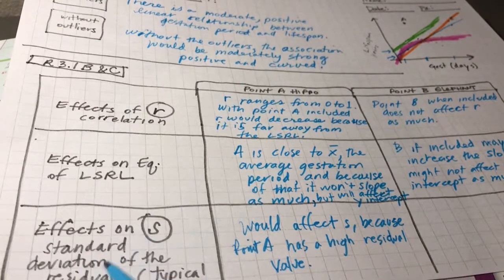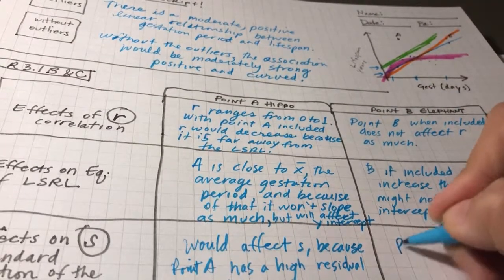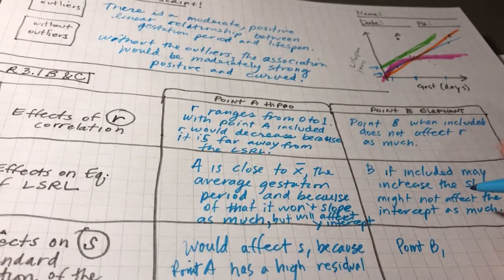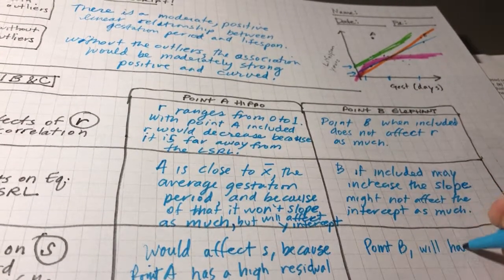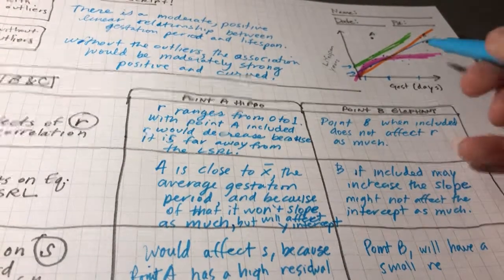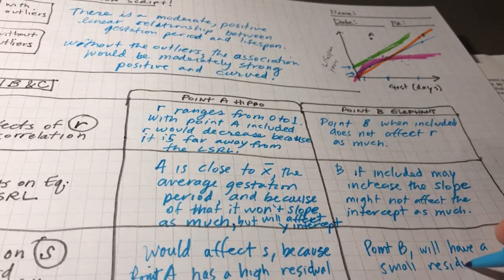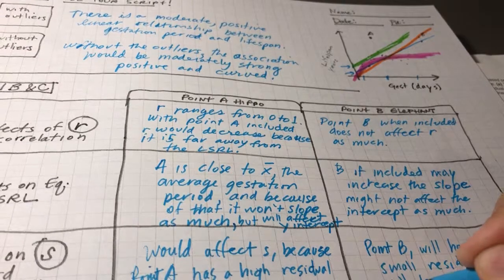And that is the standard deviation of the residuals. Point B being included will have a small residual because point B actually ends up landing near the line. So we'll have less effect on S.